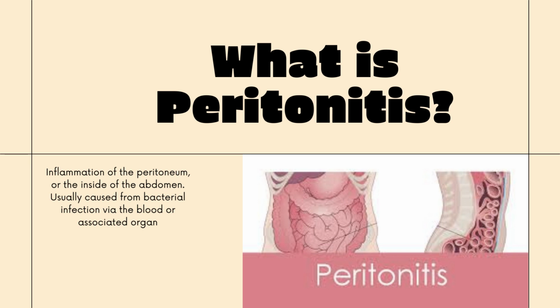Associated organs in this instance means gallbladder infections, colon infections, small intestine infections, anything inside the peritoneum or actually externally in the abdomen as well that could cause inflammation and infection.